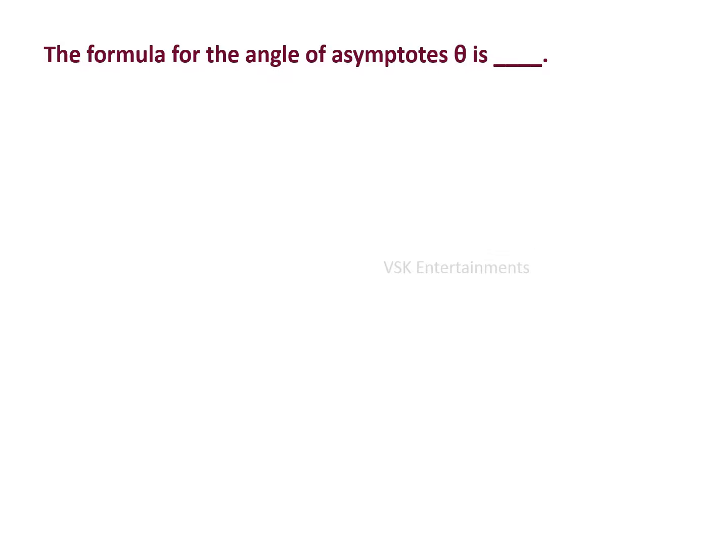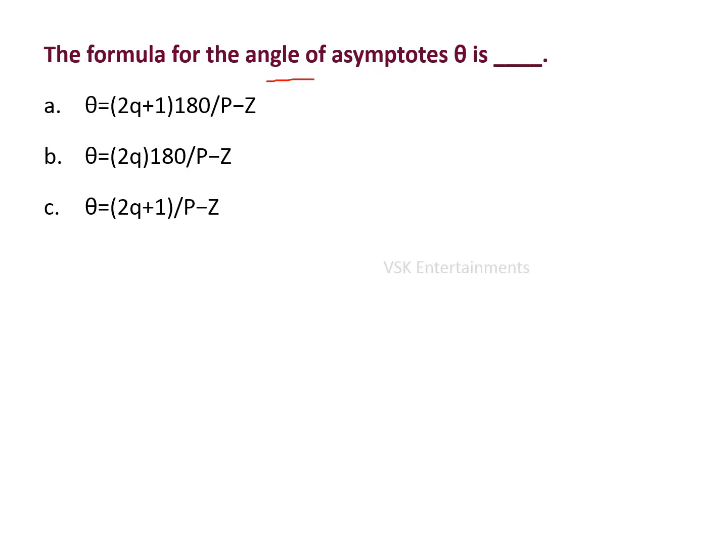The formula for the angle of asymptotes theta is, options are theta is equal to (2q plus 1) into 180 by (p minus z), 2q into 180 by (p minus z), (2q plus 1) by (p minus z), (2q plus 1) into 180 by p. Here an asymptote is nothing but a straight line which starts from the real axis, meaning one point on the real axis.